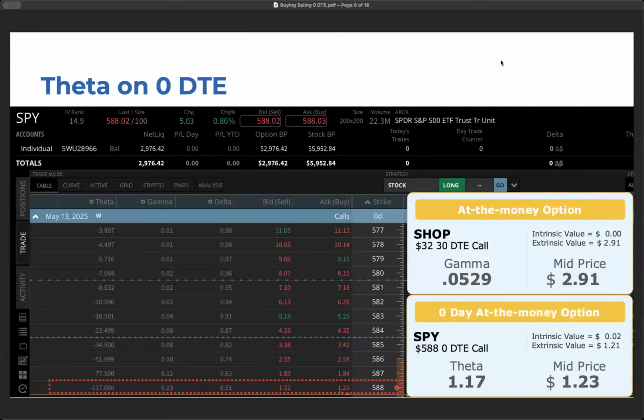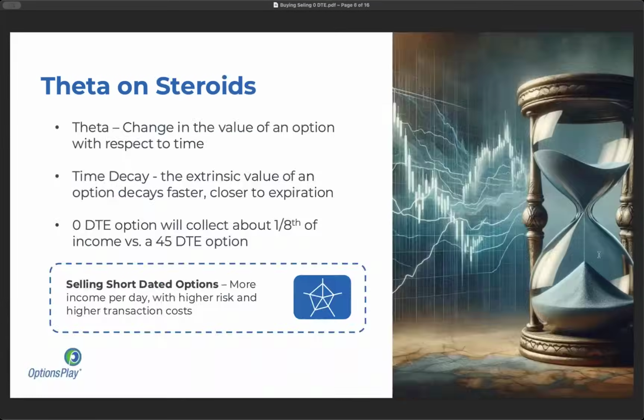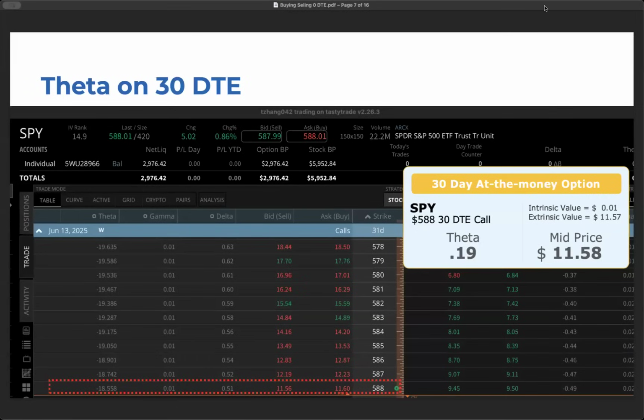So let's just go back and review real quick. In this example, we lost about 1.6% of the stock's value, 19 divided by $11.58. So let's do a little bit of math here again.